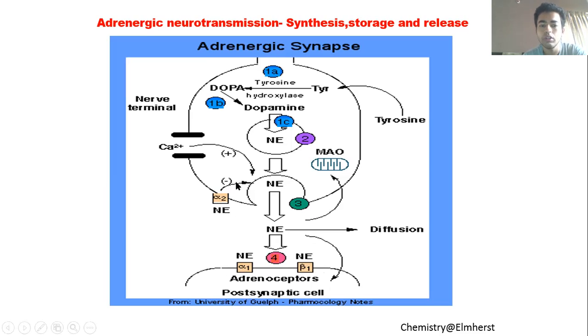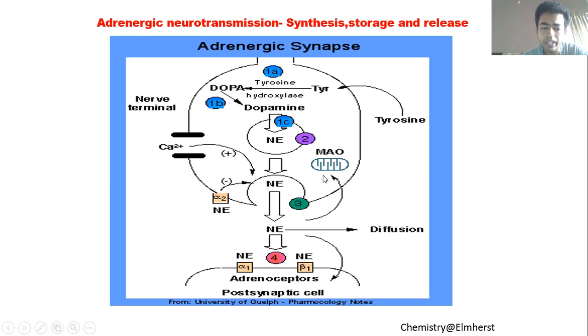It is alpha 2 receptors. And the third criteria will be it will be taken up back by the presynaptic neuron, and with the help of this monoamine oxidase, which is a mitochondrial enzyme, it will start to degrade this norepinephrine.